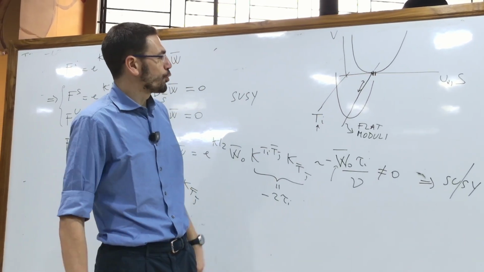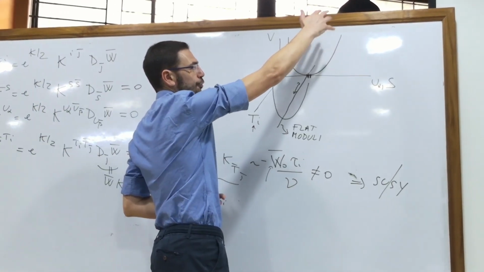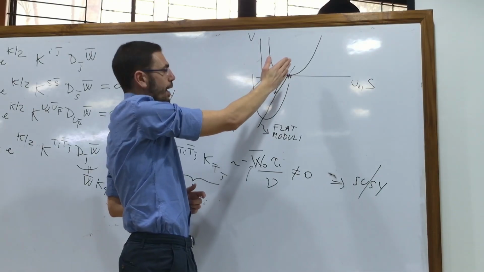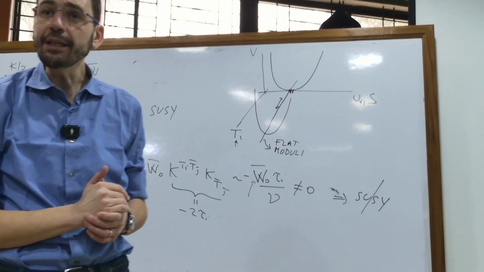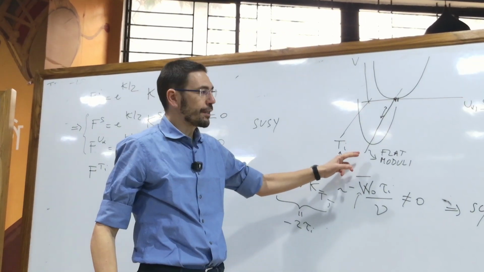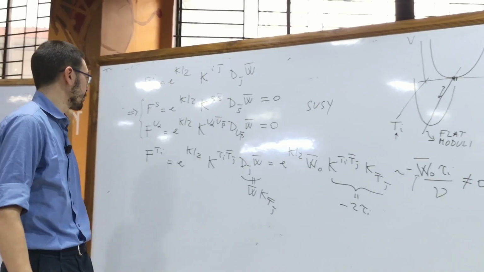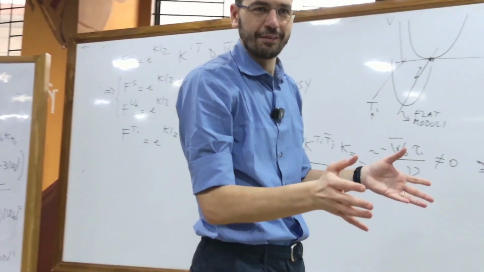So effectively what you expect cosmologically, if you start from arbitrary initial conditions, is that the U and S fields will reach the minimum. And then something has to happen along the direction of the T's, which is determined now by quantum corrections to the effective action. Because this treatment is just at tree level, as we've seen.